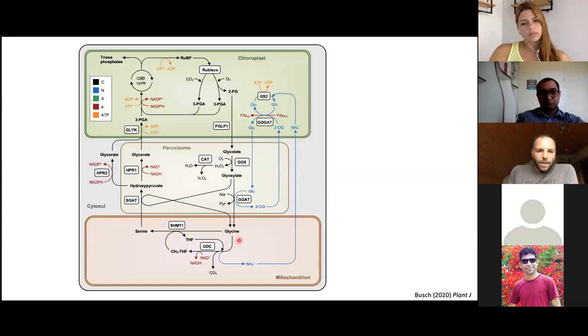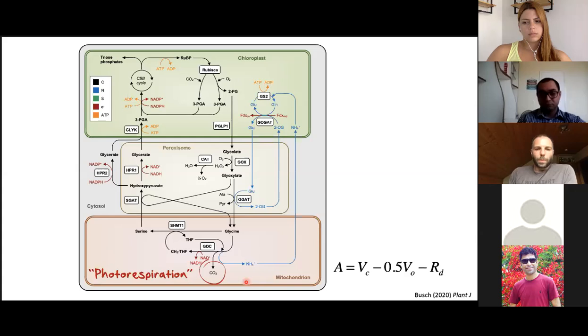And that also means that in the conversion from glycine to serine, there's 1 CO2 that's being released. And this is what we call photorespiration, or the true meaning of photorespiration. So that's the CO2 that the plant will give up. And this is sort of what goes into this equation here as the CO2 being lost.